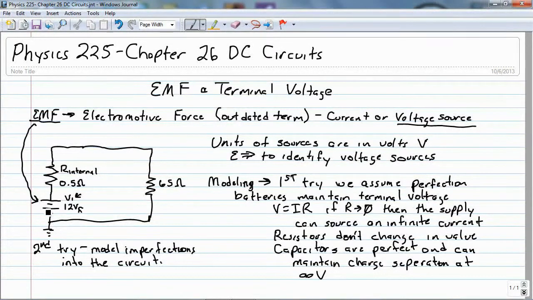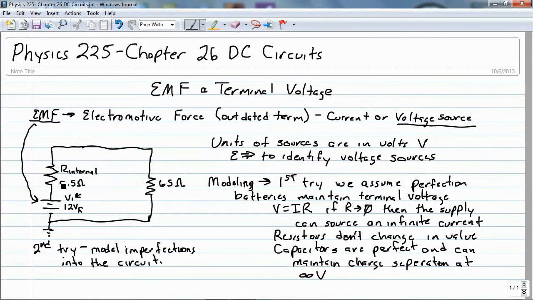I would consider it to be perfect, but no battery is ever perfect. So in this case, I'm going to model some resistance inside the battery at 0.5 ohms. And that's typical for most batteries, about a half an ohm of internal resistance. And so this is going to have an effect on how this circuit performs.